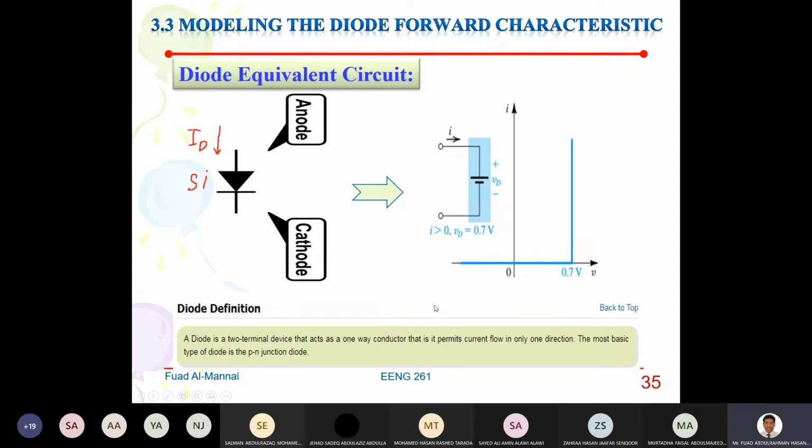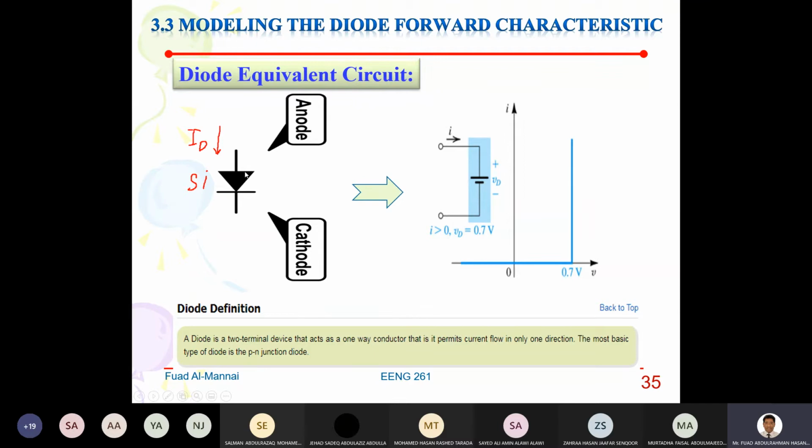Slide number 35. This is the diode equivalent circuit, and we have seen this before. I'm just repeating it again. Now we want to see an exact model, or a similar approximate model that is going to be close to the normal characteristic curve of the diode.